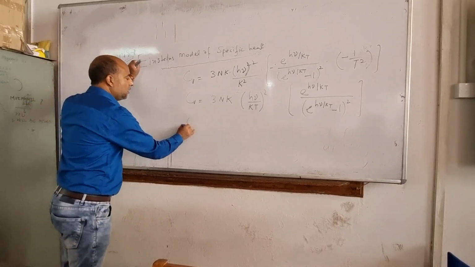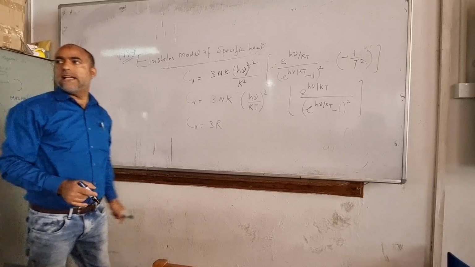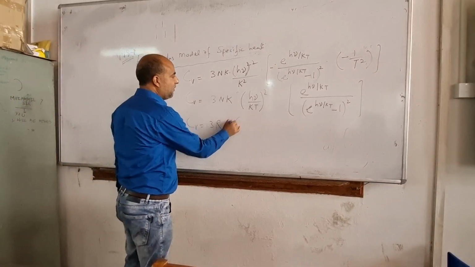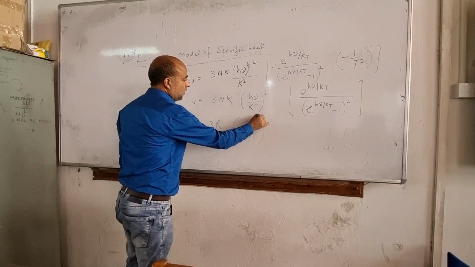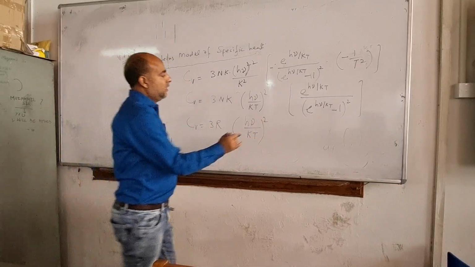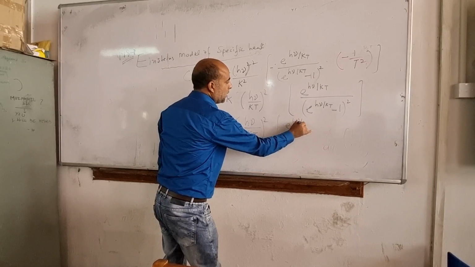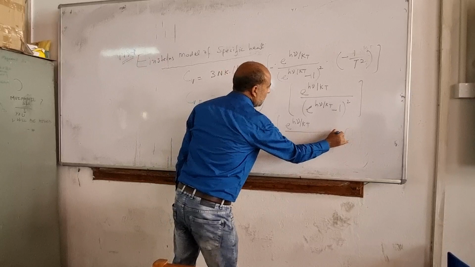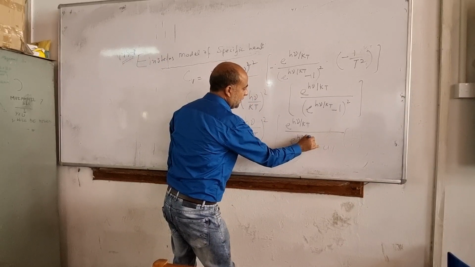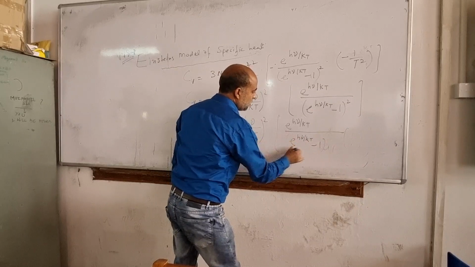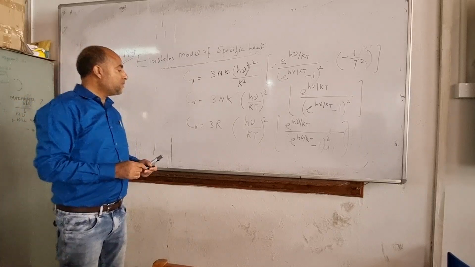I will further say what nk is. Nk is r. So you are having 3r, h nu by kt whole square, e raised power h nu by kt divided by (e raised power h nu by kt minus 1) whole square. This is the result that we have got for specific heat.